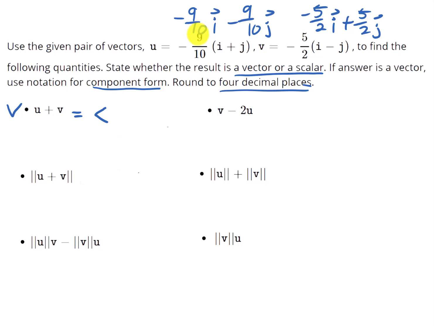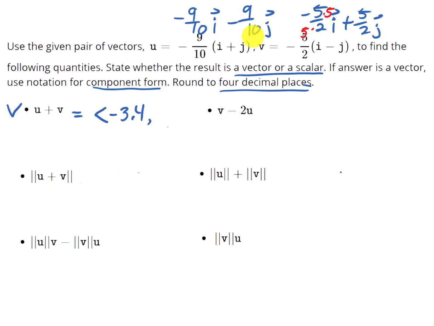I got negative 9/10 minus 5/2. And so to combine those, we would want to get a common denominator. We could take this 5/2 and make it into tenths by multiplying by 5. So negative 25/10 minus 9/10 would be negative 34/10, which as a decimal is negative 3.4.